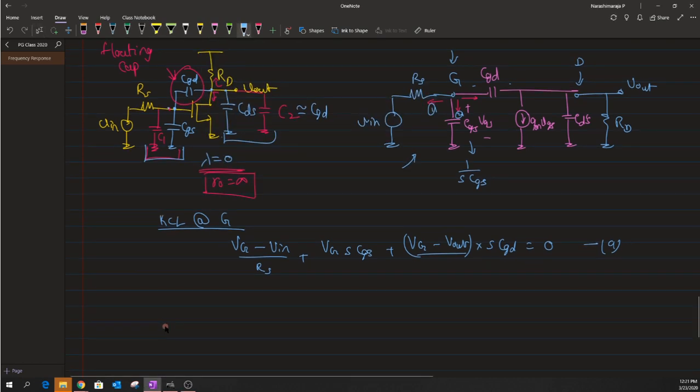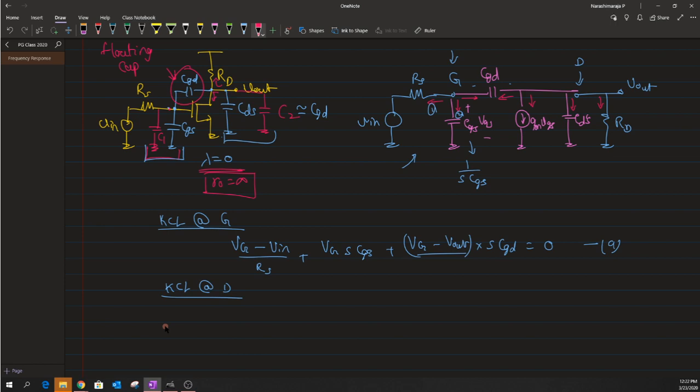Similarly, I can write the KCL across the drain as a summation of different current components. One is the current leaving the drain terminal through the capacitance CGD, one is the voltage controlled current source, again one through the capacitor CDS, and another is the current that flows through the drain resistance RD.